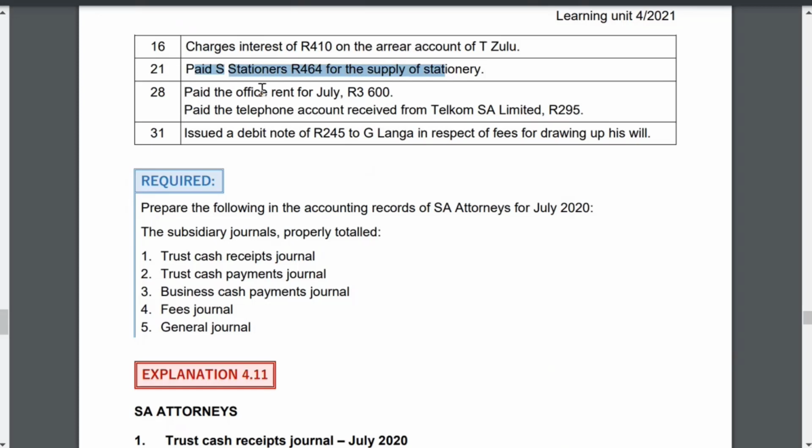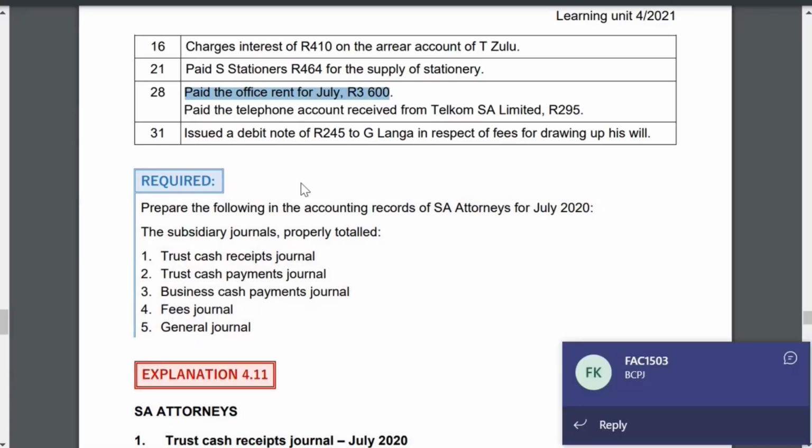SA Attorneys, this is correct. Number 28, paid office rent for July 3,600. Where would you record this?